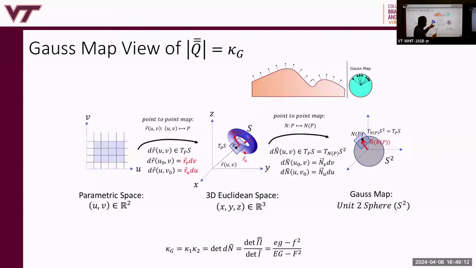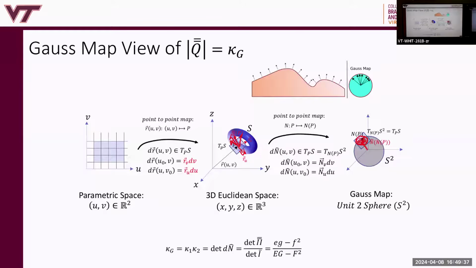And as I vary this normal vector around the neighborhood of point P on the surface S, then I'm going to trace out a sort of surface area patch on the unit sphere, right? So, for example, if I move this normal vector here, and then in this direction as well, then I might trace out some kind of area of that unit sphere, all right?